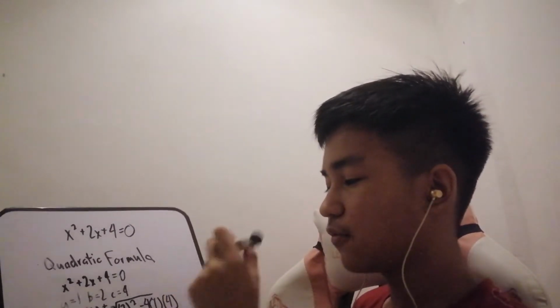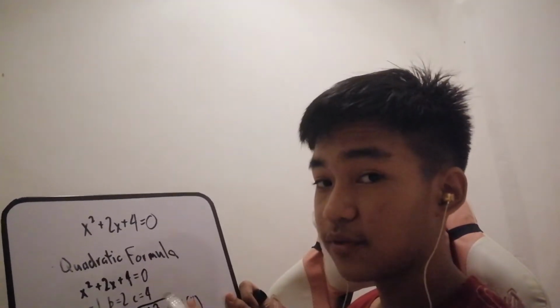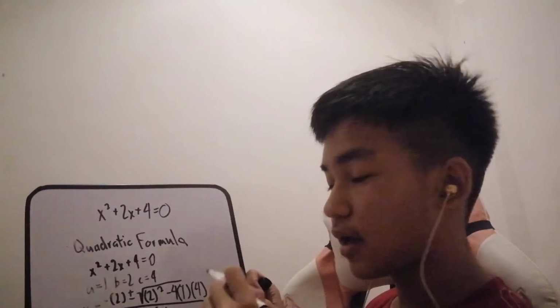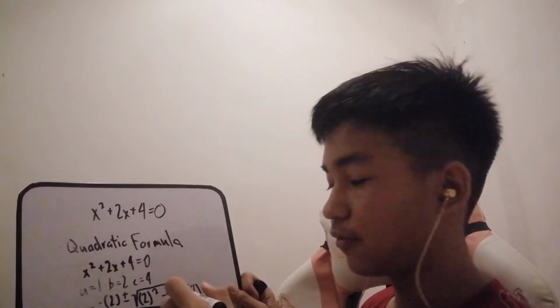Now we are going to simplify it. So it will be x equals negative 2 plus or minus the square root of b, which is 2. 2 times 2 is 4, and negative 4 times 1 is negative 4.